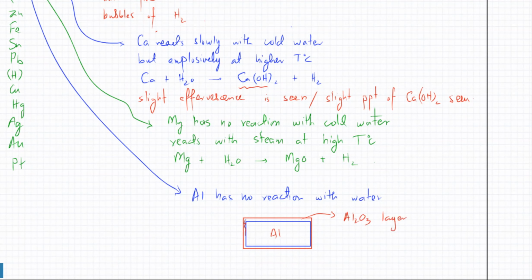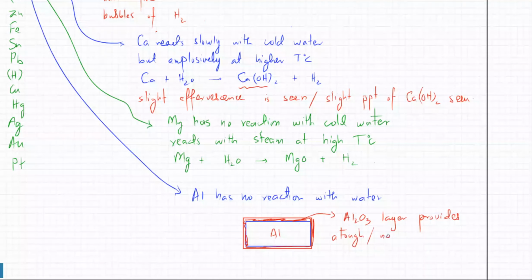It protects it. जब एक दफा वो layer बन जाती है, that layer surrounds it from all sides. So the aluminium oxide layer provides a very tough, non-porous coating. Non-porous means nothing can get in now.